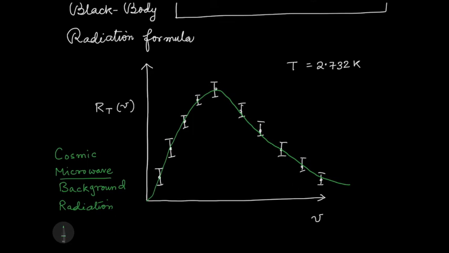The curve goes through all the points, and then they realized that it is so precise that the error bars are extremely small. They had to be magnified 1000 times even to see them. So you can imagine how perfect a black body the universe is.